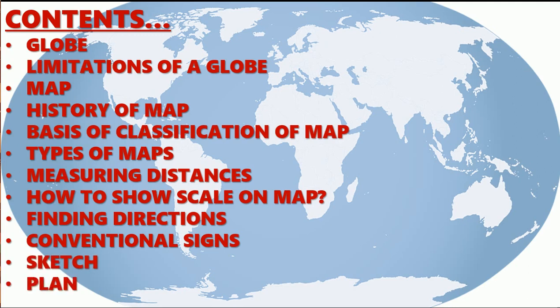And in this particular module, we'll be discussing globe, limitations, map, history of map, basis of classification, and types of maps. Okay, let us move ahead to the next slide.